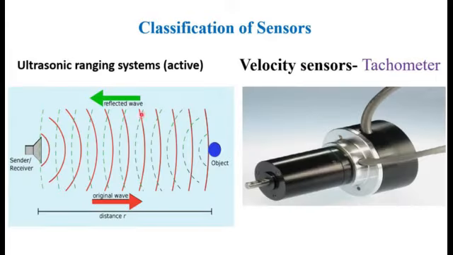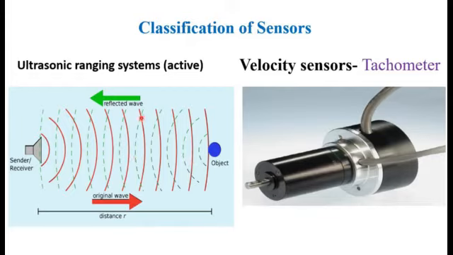Next is the ultrasonic ranging system. This is an example of an active sensor. In the ultrasonic ranging system, the sensor sends out the original sound waves, and whenever an object comes in front of the sensor, these waves are reflected back.